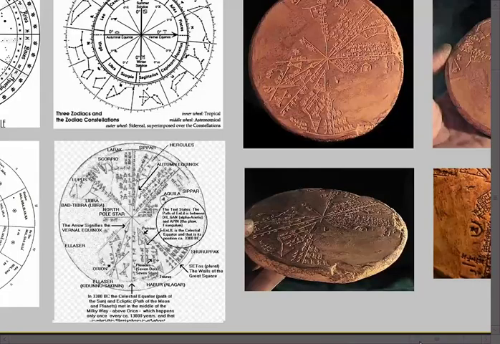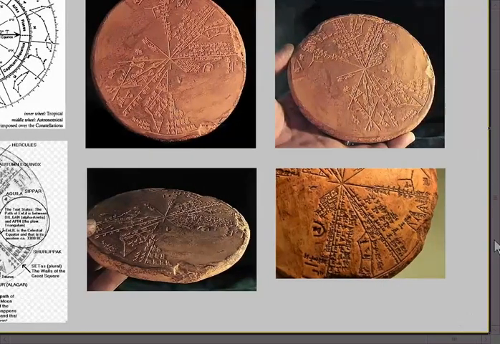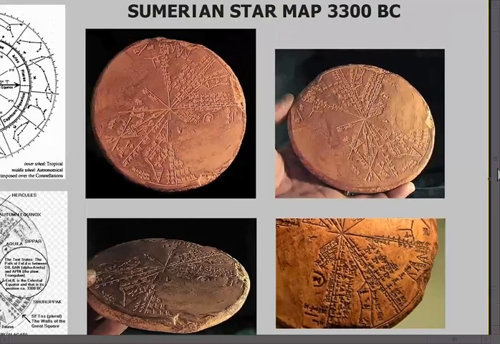Here's the actual disk of the star chart, the Sumerian star map that dates from 3300 BC, which is what I say: if there is a Book of Enoch, it's going to be from 3300 BC.